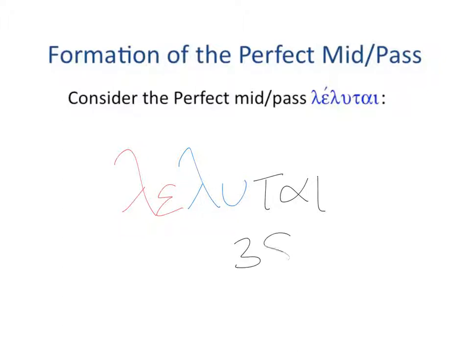So this is third person singular. If you were going to write just a single letter, instead of P, because we already have that for present, you could use T for perfect. That's what Mounce does. So perfect, middle passive, indicative, third person singular. These endings are pretty distinctive because of the lack of connecting vowel. So let's look at those endings and see how that goes. Again, no kappa though.